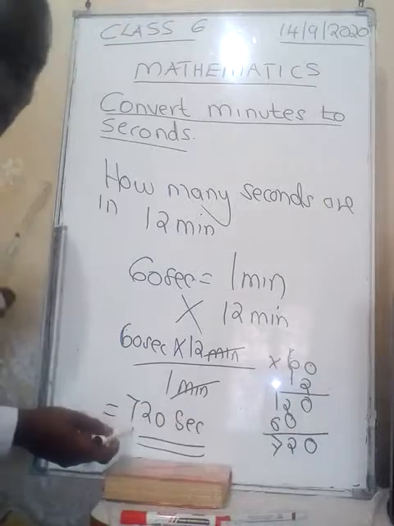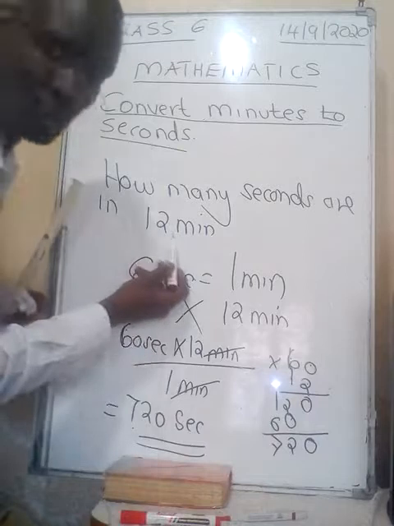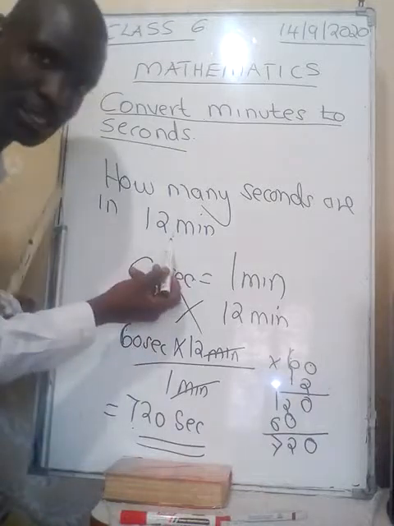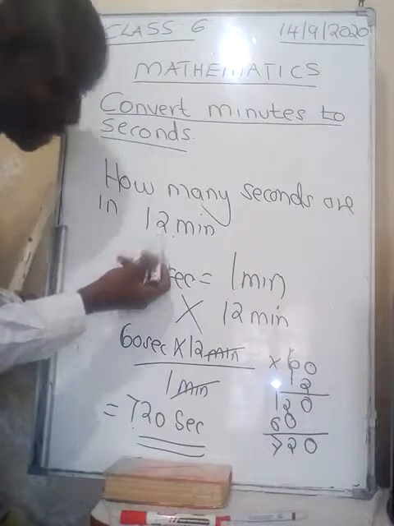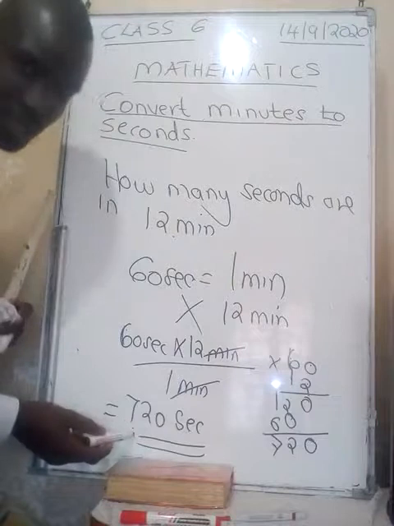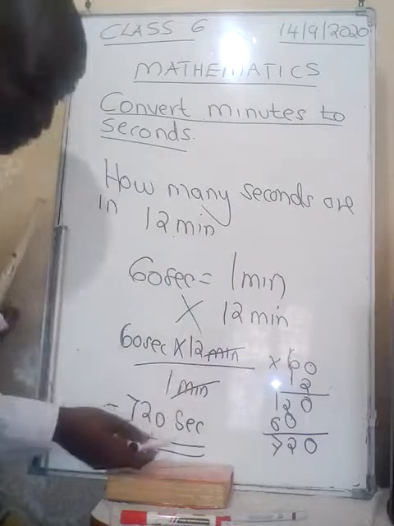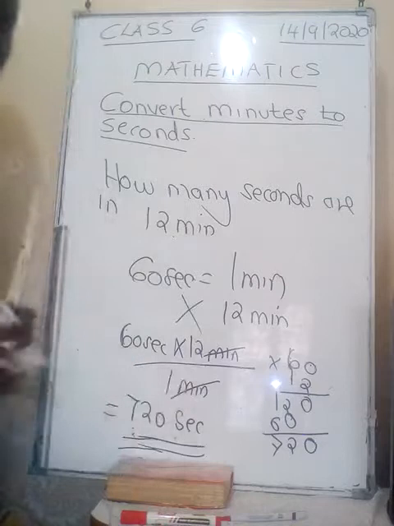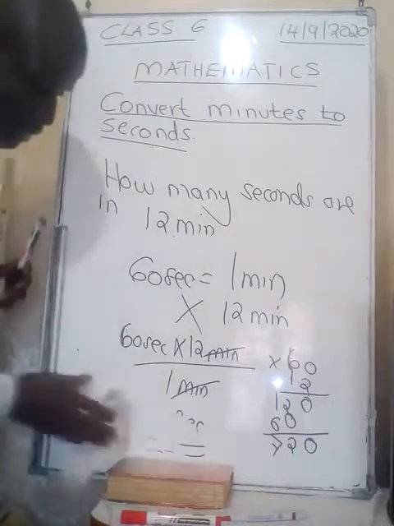So 720 seconds is what I found in 12 minutes. So 12 minutes is a bigger unit but has a smaller number, while this smaller unit now has more. So changing a bigger unit into a smaller unit, you have a bigger figure. That's how we get it.